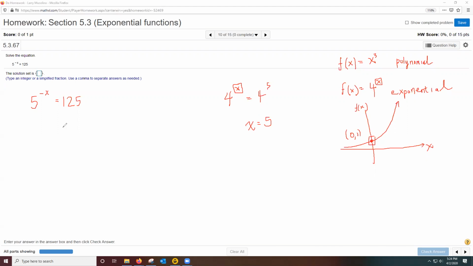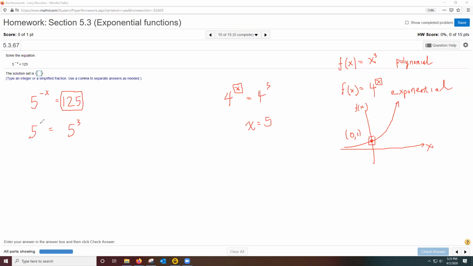So let's do that. Well, I'm noticing on the right-hand side of this equation is the number 125. I'd like to try to get that rewritten as an expression with a base 5. Well, it turns out 125 is 5 to the exponent 3. Right? 5 times 5 times 5 is equal to 125.